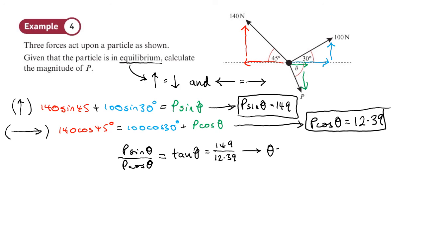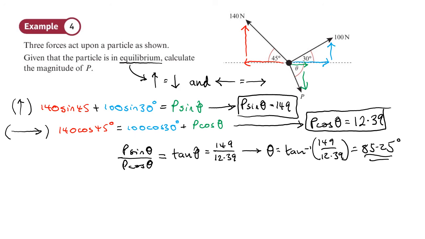Okay, so theta equals the tan inverse of that. If I do 149 divided by 12.39, I get 85.25 rounded. So 85.25 degrees is theta.